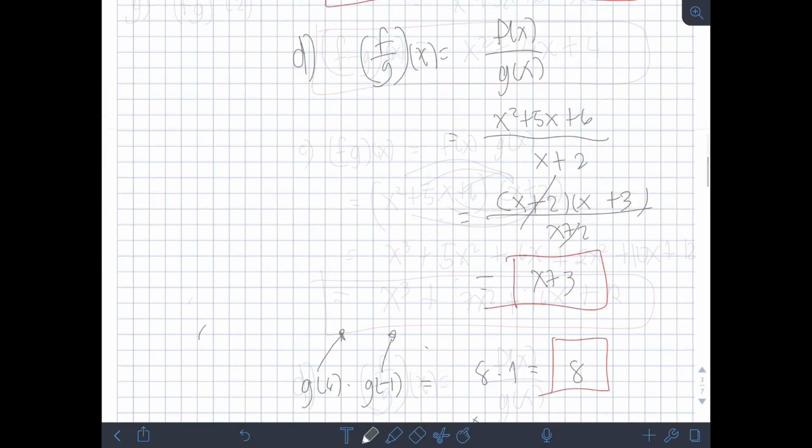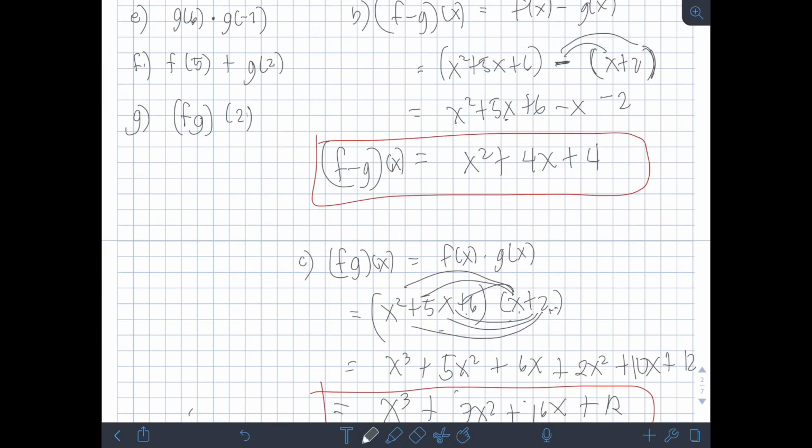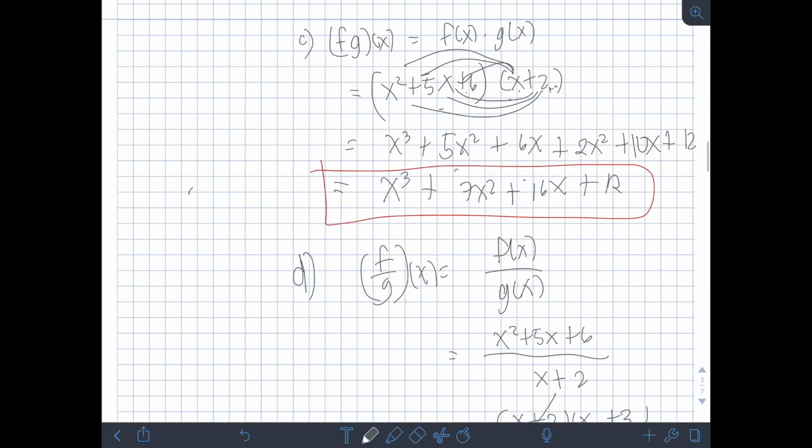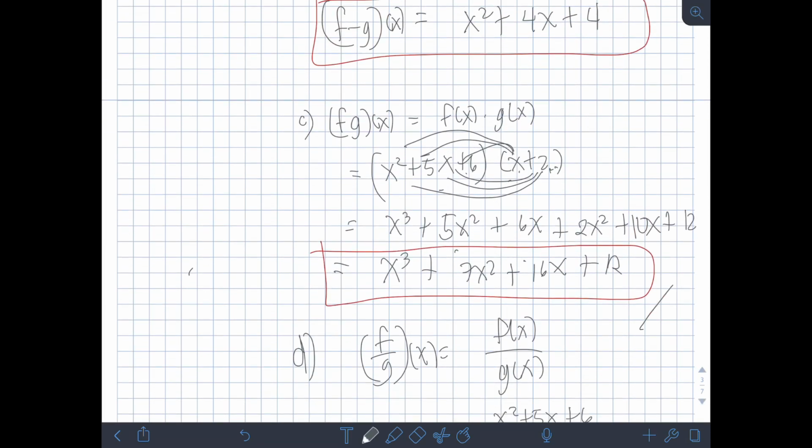Okay, next. F times G evaluated at 2. F times G of 2. So kapag minultiply daw natin yung dalawang function, i-evaluate natin sa value na 2. So 'di ba nakuha natin yung function value, yung value ng function na minultiply natin kanina, yung f times G. Ano 'yon? Ito 'yon, 'di ba, yung x cubed plus 7x squared plus 16x plus 12.